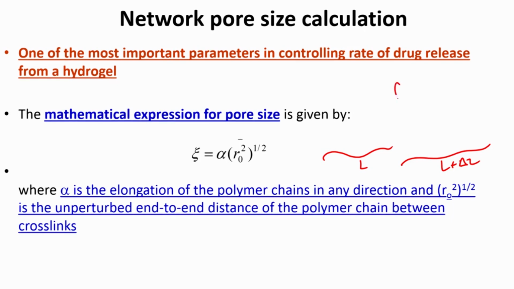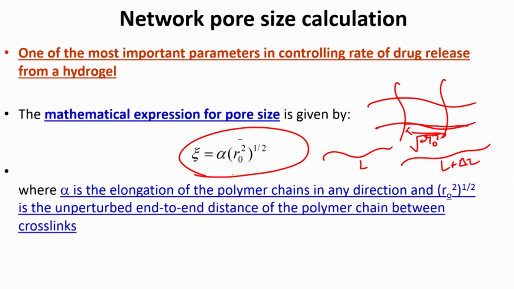So, if I make these cross links, this distance is r naught, and this is the square root of r naught squared. Essentially this can then elongate as the swelling happens and increase further, and that is how you can define the pore size here.